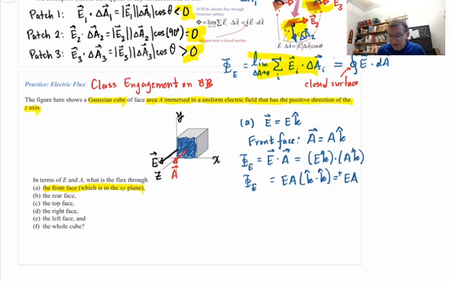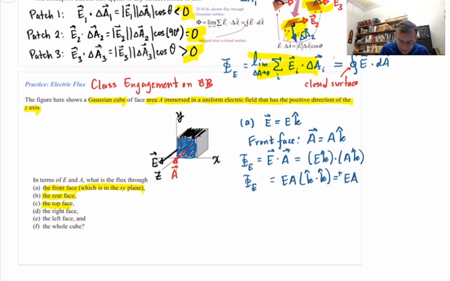Now, using similar notation, you need to calculate the electric flux through the rear face, the face that you can't actually see here, exactly opposite to the front one that we just did. Then for the top face, that would be this one right here.